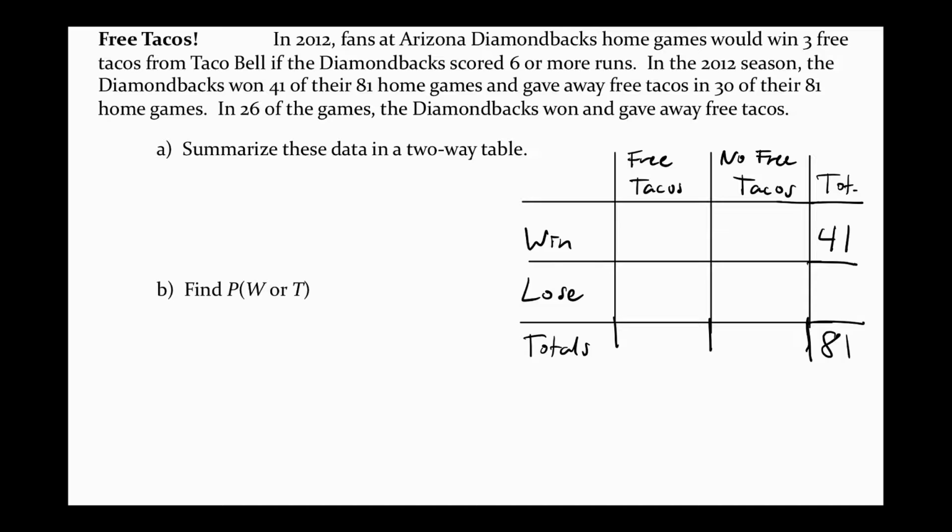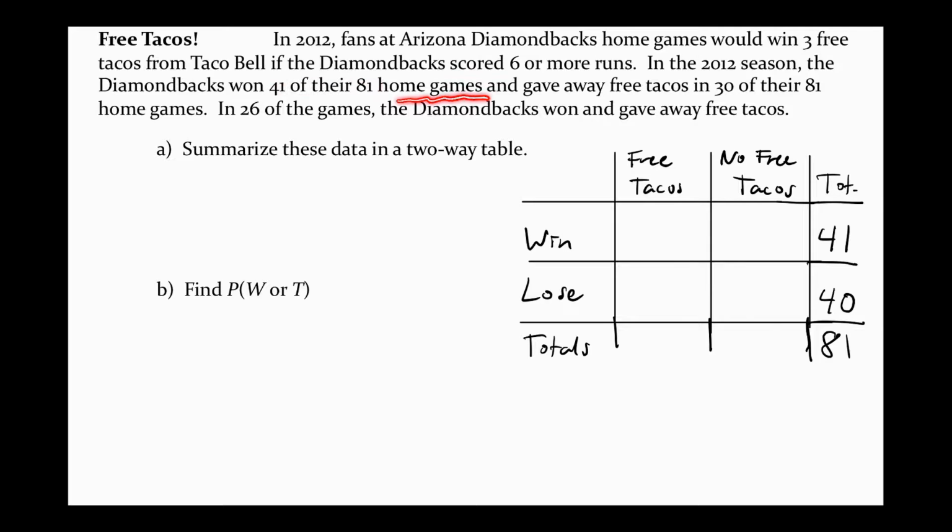So what can I fill out? I can fill out another box, this one here, total of free tacos given. This one has to be 40 because 41 plus 40 makes 81. So I know 40 games they lost. It didn't tell me in the question, but because I made a table, I can tell that. All right, so we're done with those two.